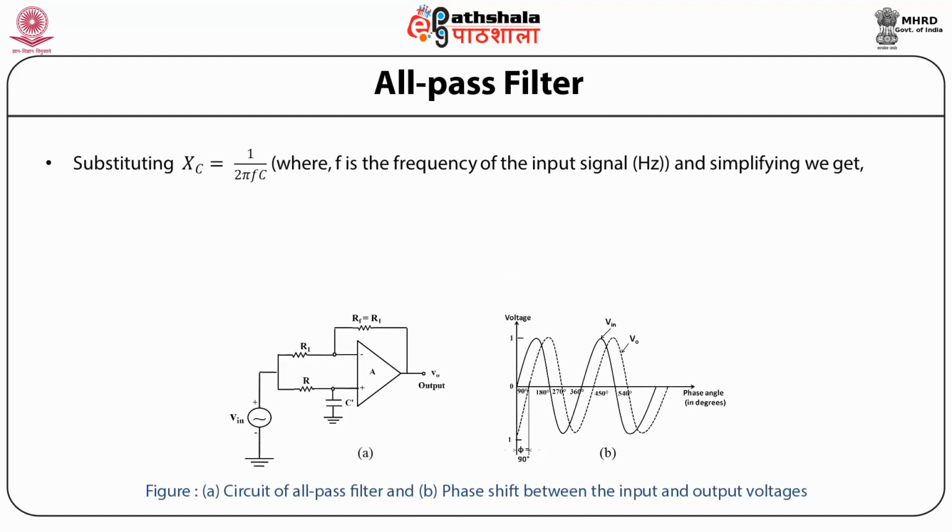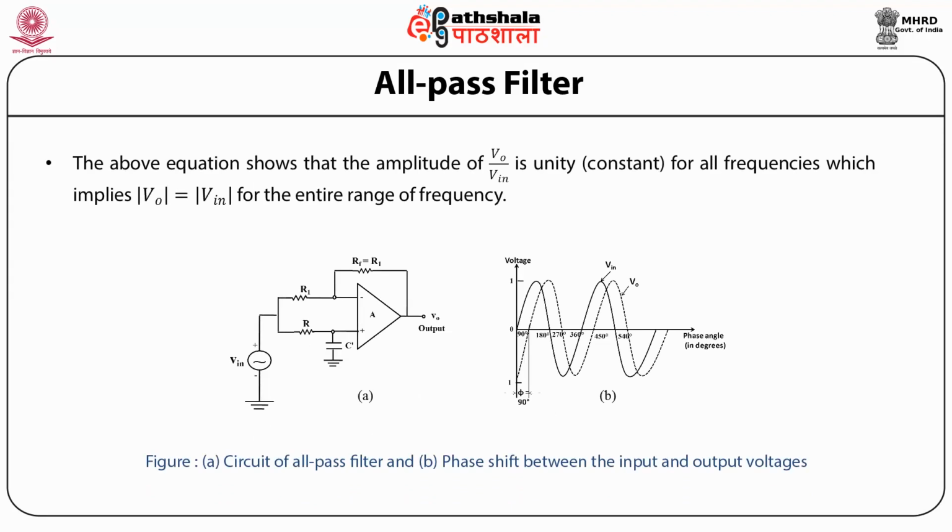Substituting Xc equals 1 by 2 pi fC, where f is the frequency of the input signal in Hertz, and simplifying, we get V0 equal to Vn times the quantity minus 1 plus 2 divided by 1 plus j 2 pi f RC, or V0 by Vn equals 1 minus j 2 pi f RC divided by 1 plus j 2 pi f RC.